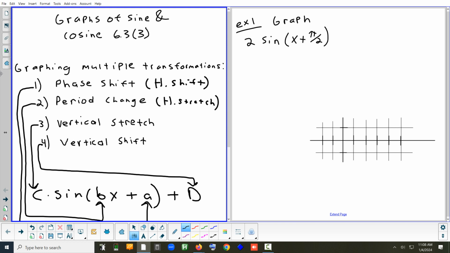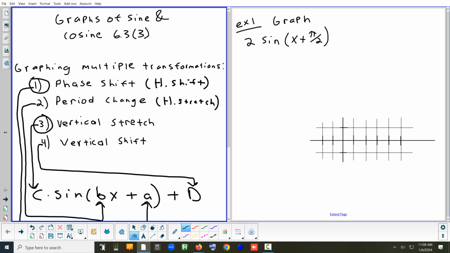Okay, so let's look at example 1. 2 sine x plus pi over 2. How many transformations does example 1 have? It does have 2. Can anybody tell me which 2? Vertical stretch. Definitely has the vertical stretch. And it has the phase shift.